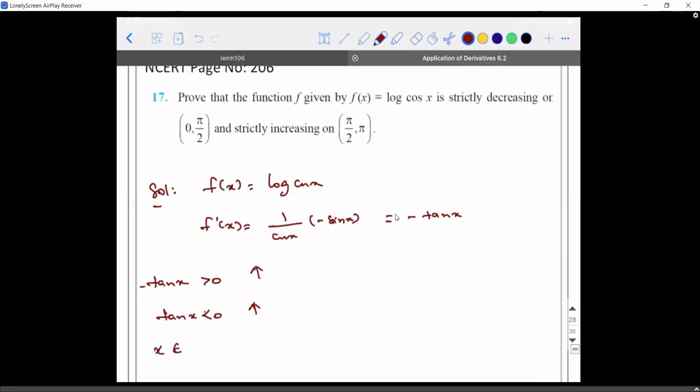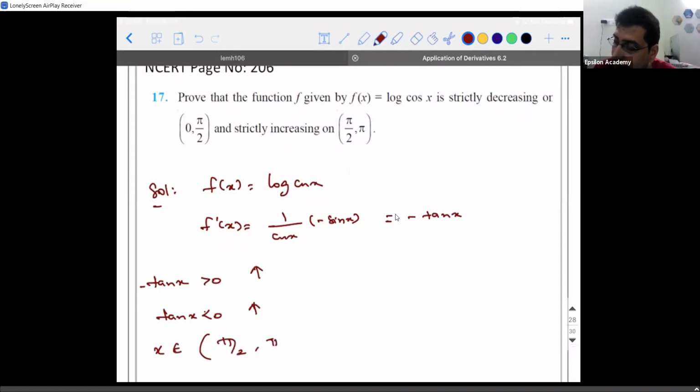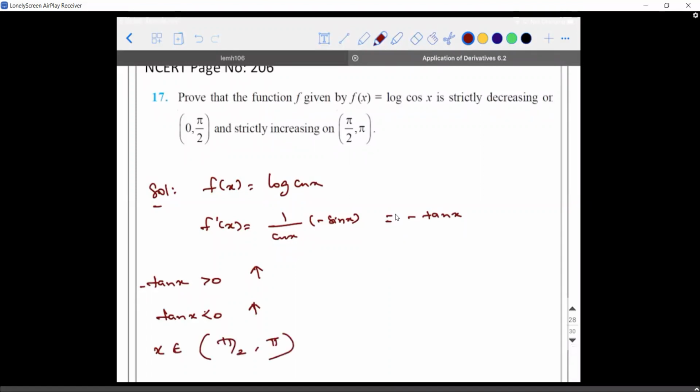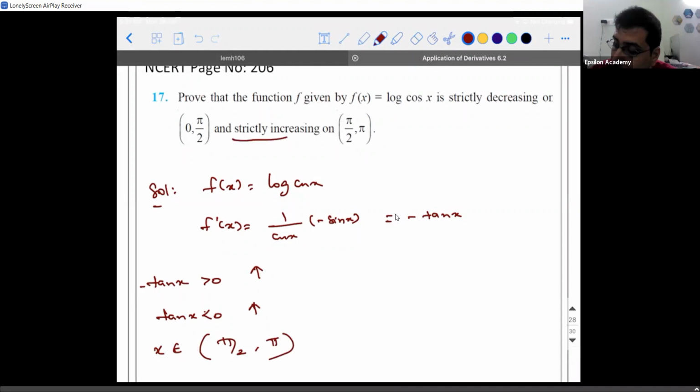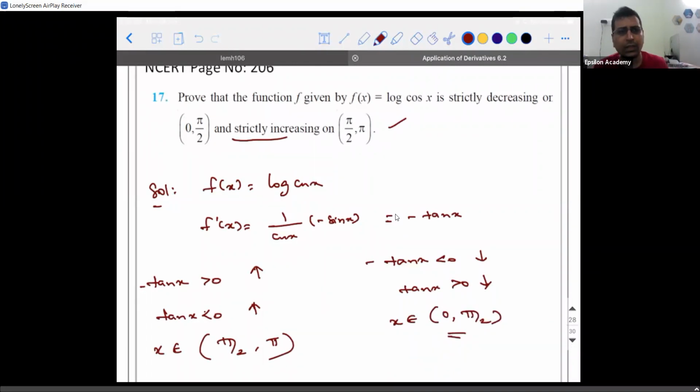So x belongs to which quadrant? Obviously, second quadrant, pi by 2 to pi. It is strictly increasing, proved. Similarly, minus tan x should be less than 0 for decreasing, and tan x should be greater than 0 for decreasing. x belongs to 0 to pi by 2. That's it. We are done.